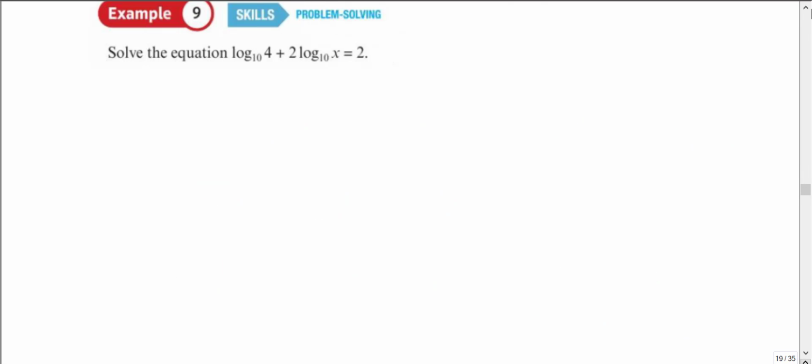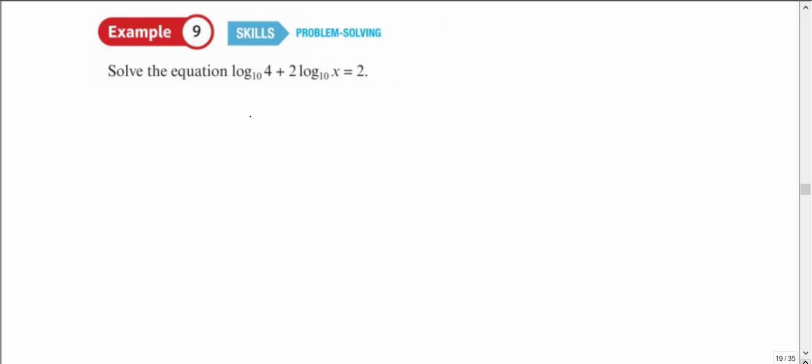In this example, they say solve the equation. This is the equation: log 4 base 10 plus log x plus 2 log x base 10 equals 2. So how to do this one? You need to combine the logs. You cannot solve the equation of log here, Adam. You need to combine the logs, change it to index form, and then solve.